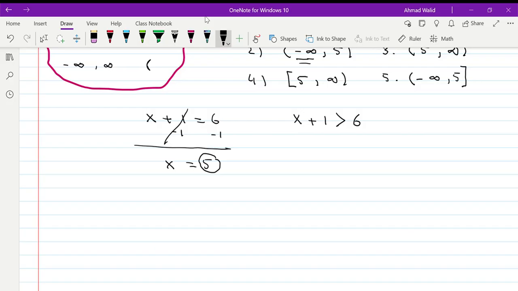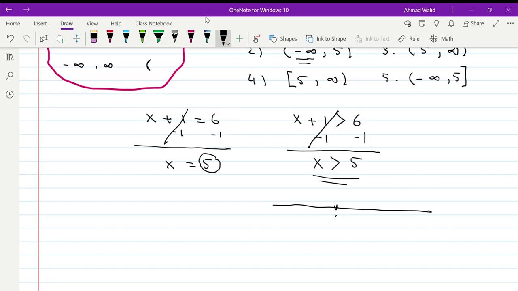Look, if I subtract 1 the same way that I did for my equation, these two cancel out, then x is greater than 5. You already saw the number line. If I draw this greater than 5, here is 5, how many solutions do I have from 5 to infinity? It's a set of solutions, not only 1, 2, or 3. How many numbers do we have there?